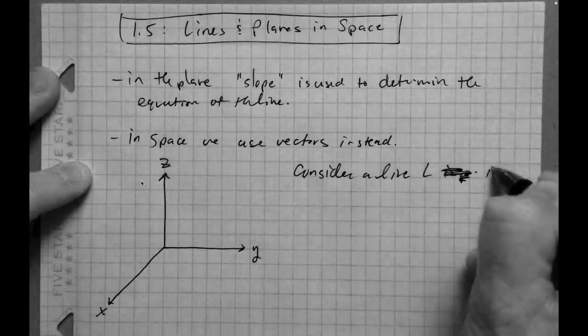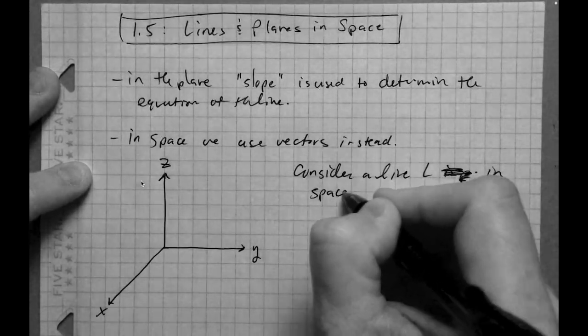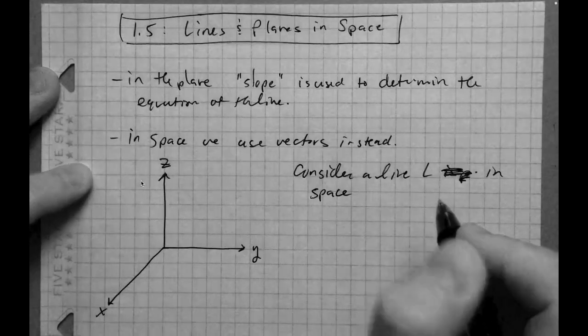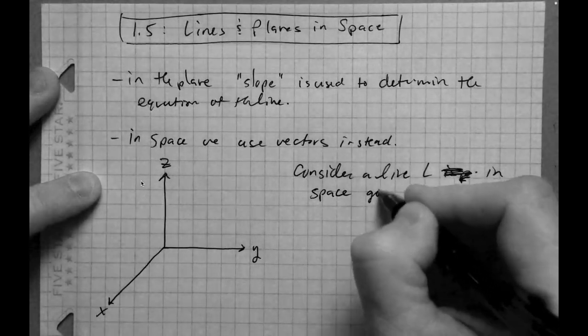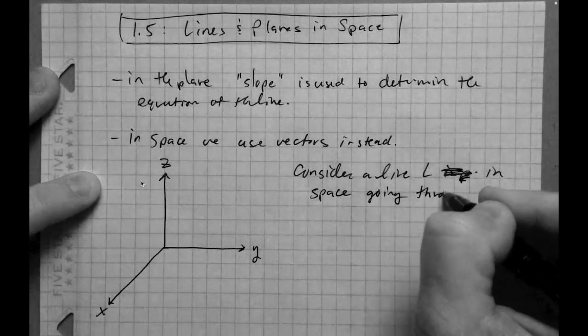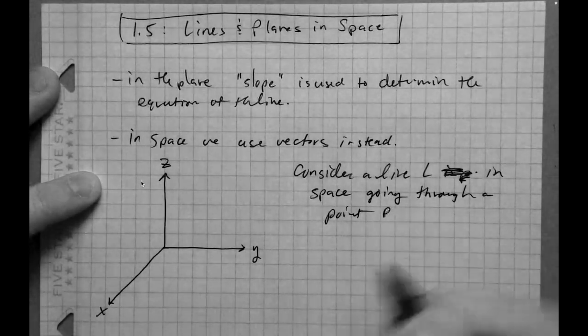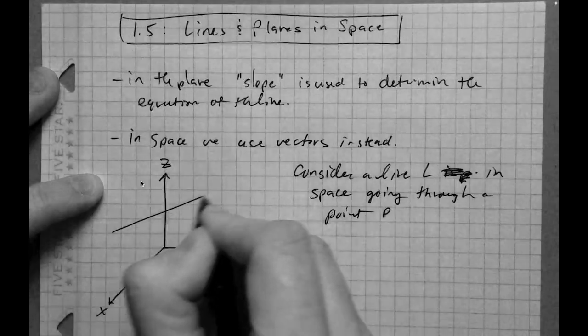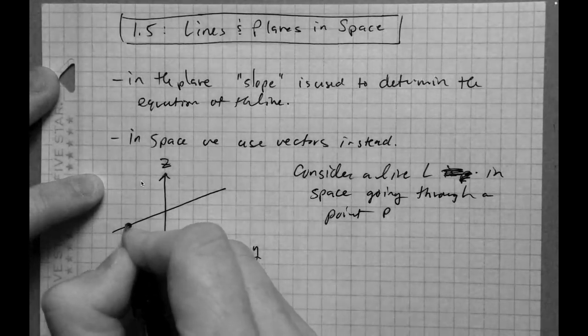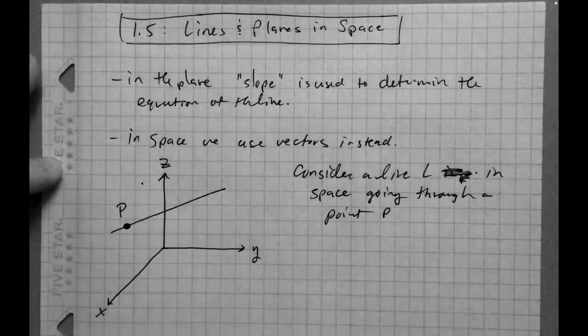Consider a line L in space, and we're going to have it go through a point P. I'm just going to draw a random line here, and then we're going to have this point P.